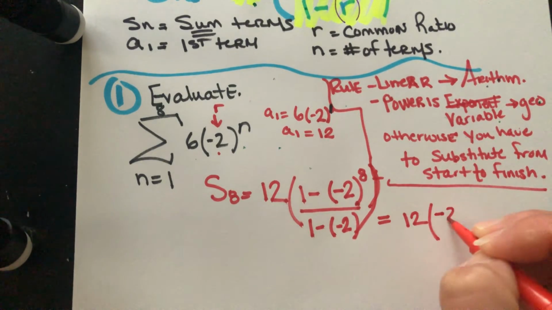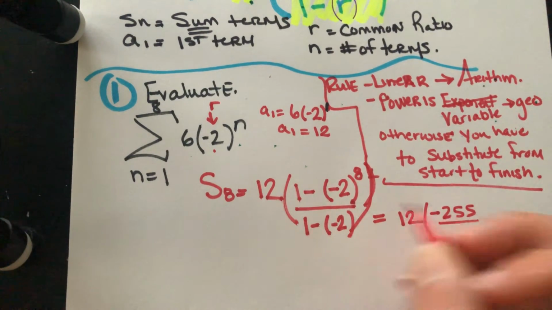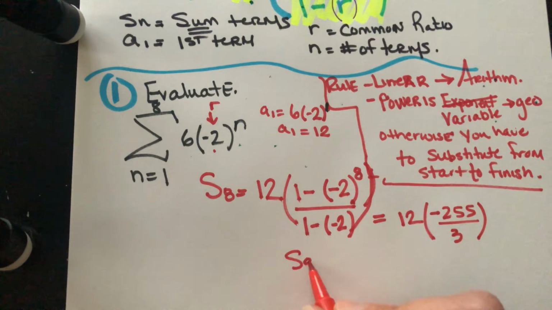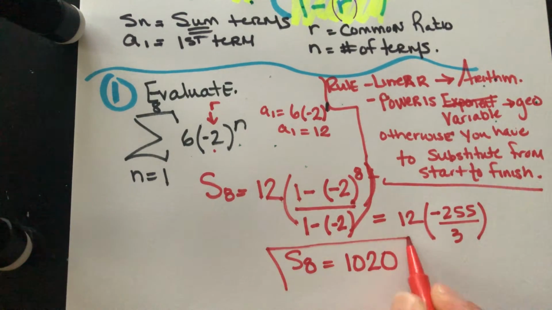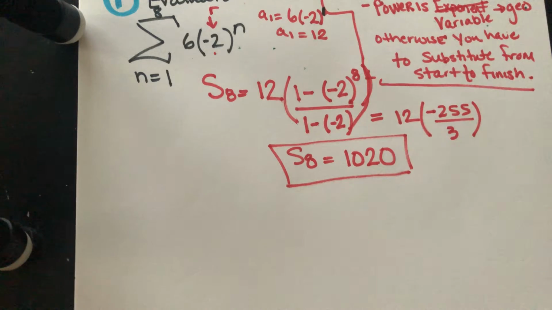If you do that correctly, I would break it down. Make sure you know how to use the calculator. And then obviously 1 minus negative 2 is 3. Now when you put this all in the calculator, here's your sum of the 8 terms using the geometric. Okay, let's try another one.